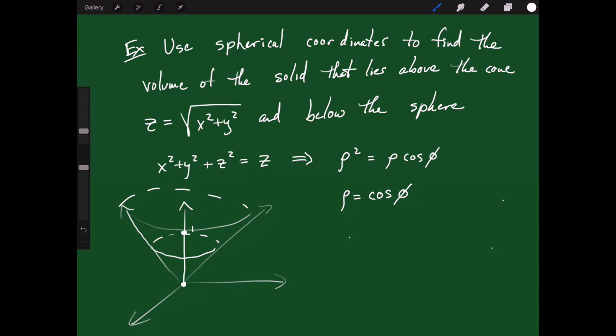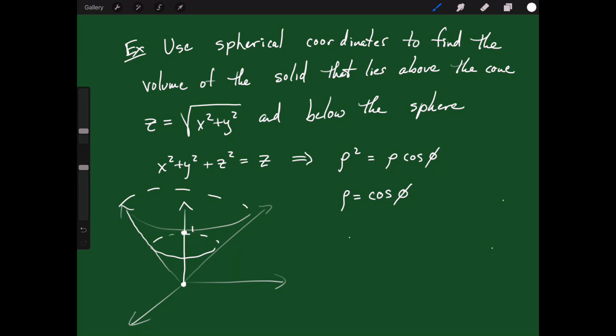And then it kind of goes through. How far can phi go? Well, it can go all the way to pi, but cosine of pi would be -1, and I know that rho can't be negative. So as far as it could go is pi over 2, and at pi over 2, we'd have 0.